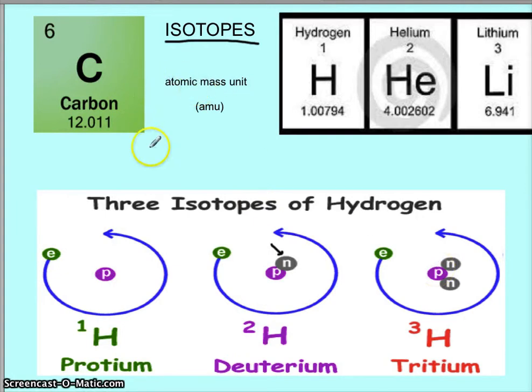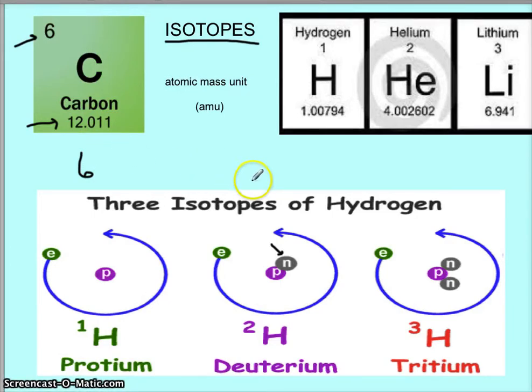For example, here in carbon, you can tell the number of neutrons by taking 12 and subtracting 6. You have the atomic mass, and you subtract the atomic number, which is 6. But you notice that it's not an even number. You can't have 0.011 neutrons left in there. This is an average of the number of neutrons, which tells you that sometimes there are more than 6 neutrons.